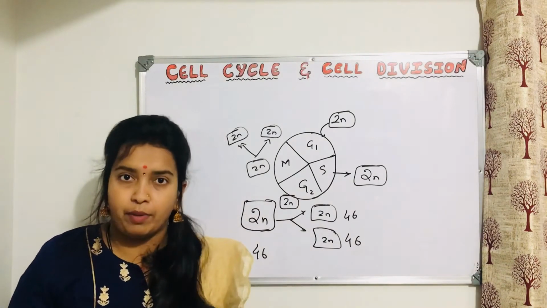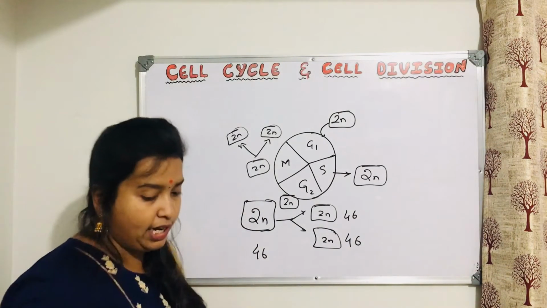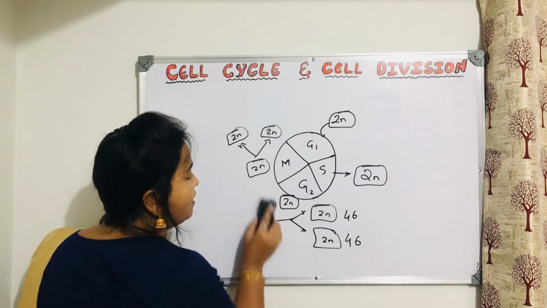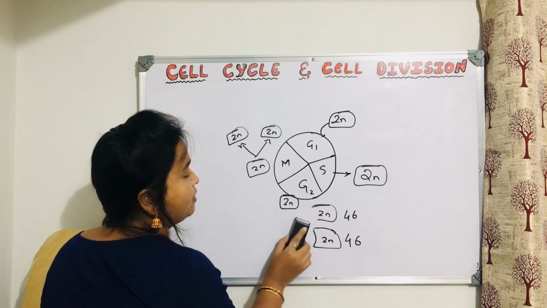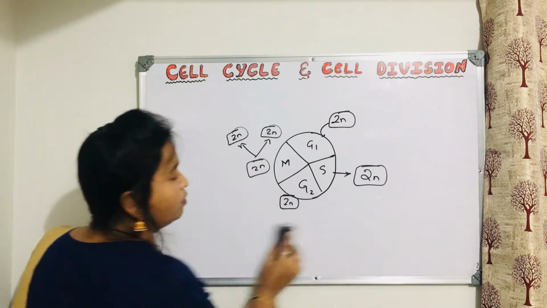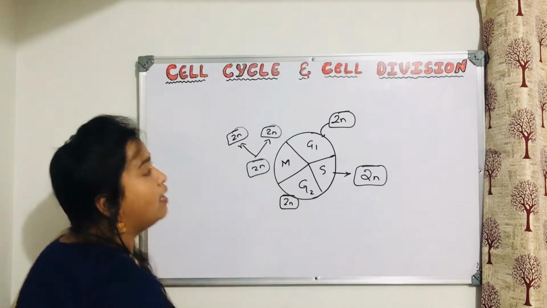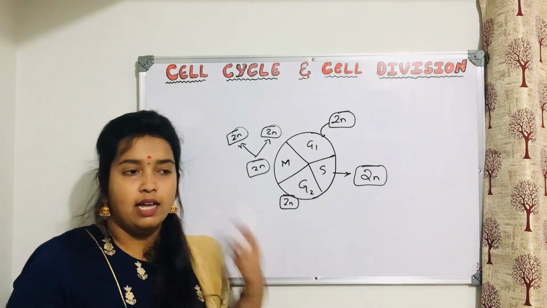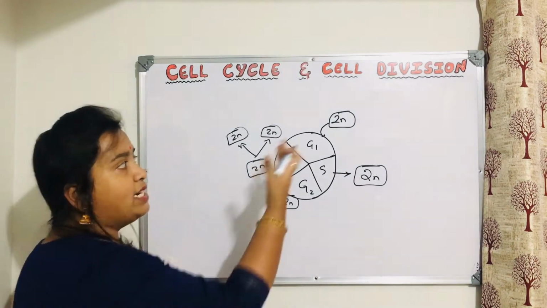The only thing you should remember is about the content of DNA. When you talk about the set of chromosomes, we speak of haploid and diploid cells.